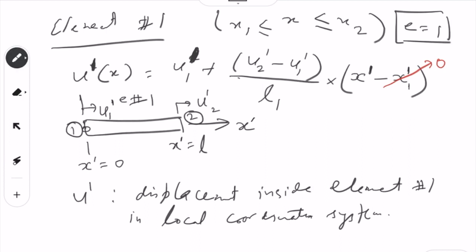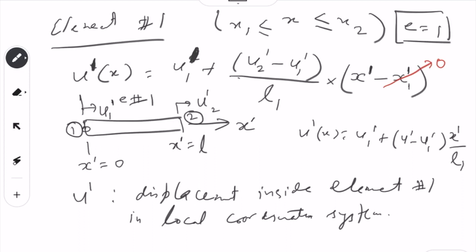Since x1 is 0 here, this term is 0. So it turns out to be simply u1 of x equal to u1 plus u2 minus u1 multiplied by x1 over L1.